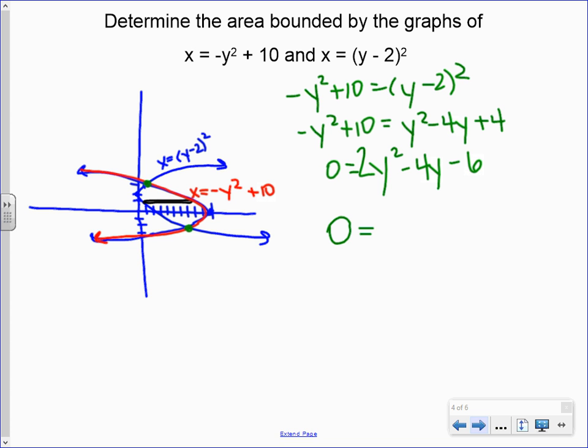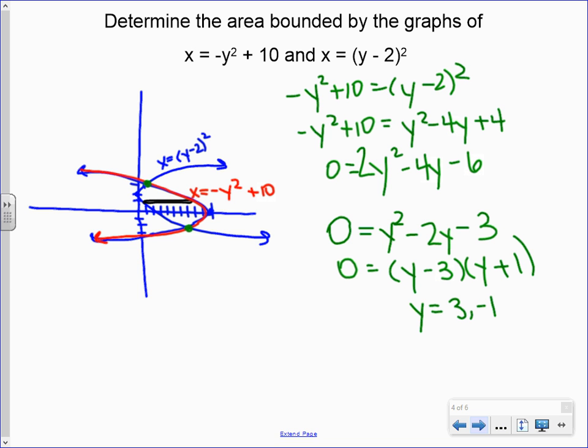All right. Suggestions? Okay. I'm just going to divide by 2, is that okay? Since there's 0 on the other side, we can do that. And then this factors to (y minus 3)(y plus 1).